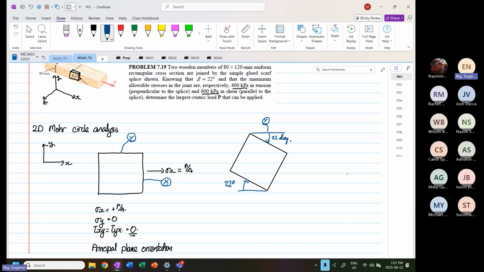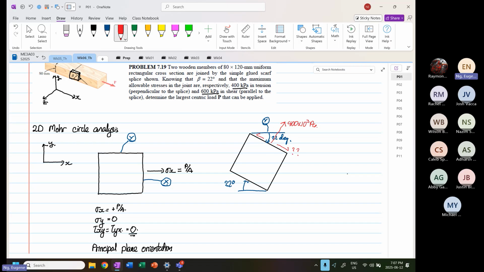So we are made aware that at 22 degrees it is in tension. We are given that this is at tension, and this is 400 times 10 to the power 3 Pascal. Now the shear, we don't know which direction.